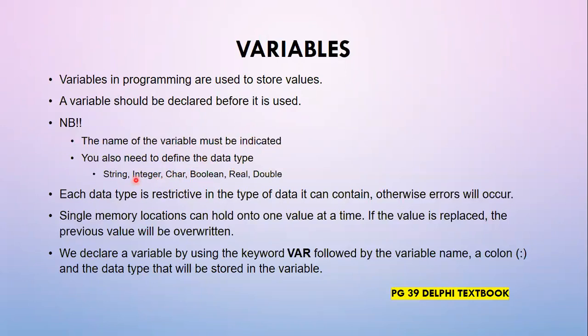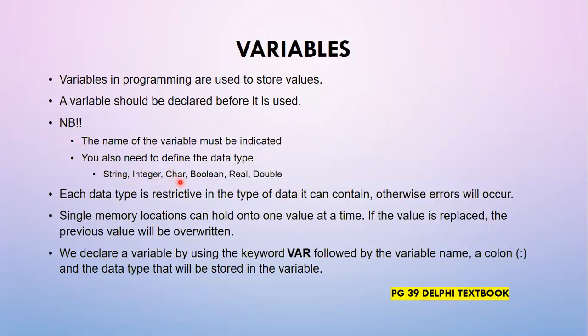So let's just quickly backtrack again. A string is any letter, number, or character that I want to display, whether it be a single character or a sentence. Then we have integer. That is where I'm going to use values to do calculations.